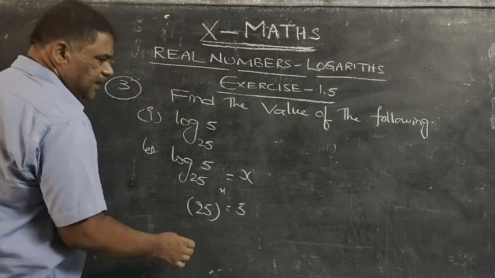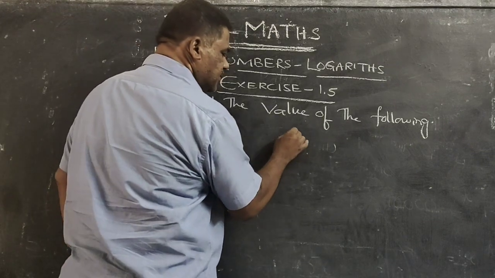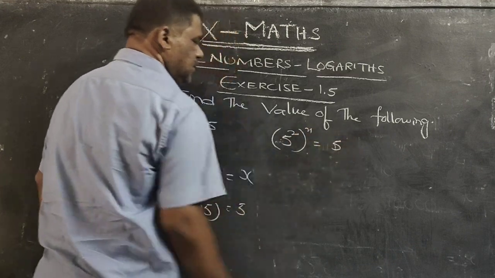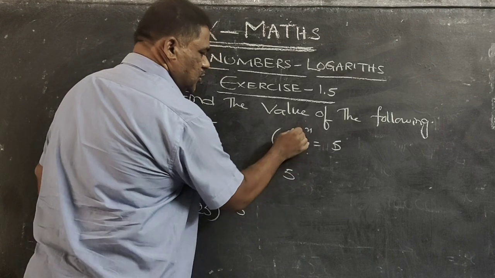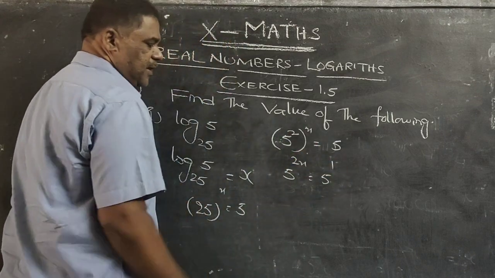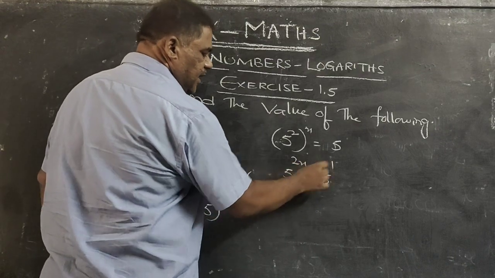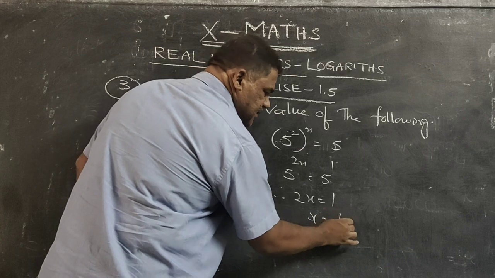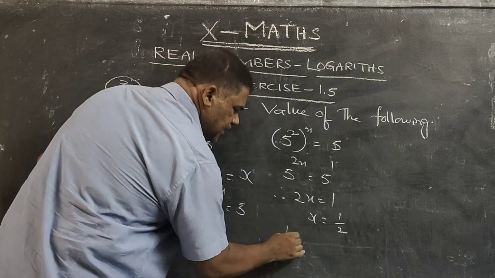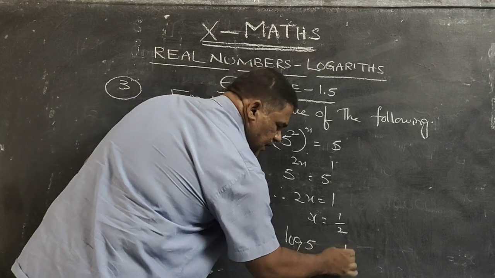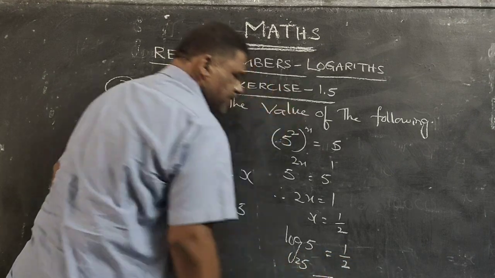Now 25 can be written as 5 square. That is 5 to the power 2x is equal to 5 to the power 1. When bases are same, we will equate the powers. Therefore 2x is equal to 1, x is equal to 1 by 2. Answer is 1 by 2.